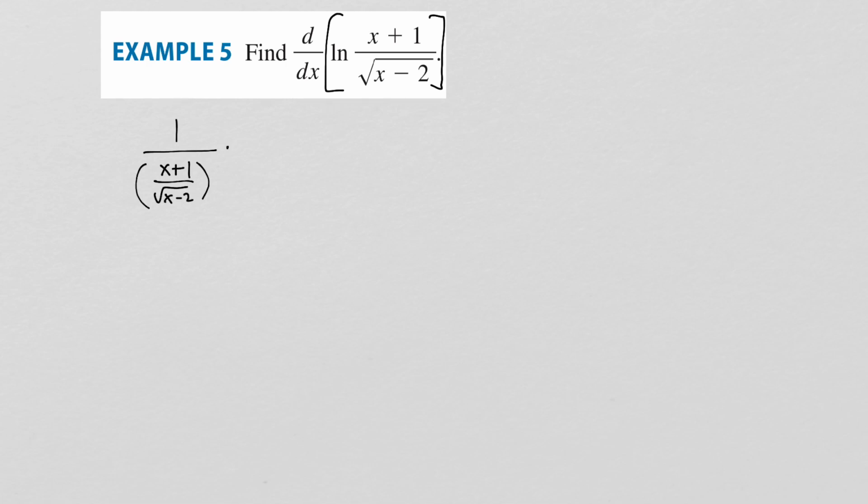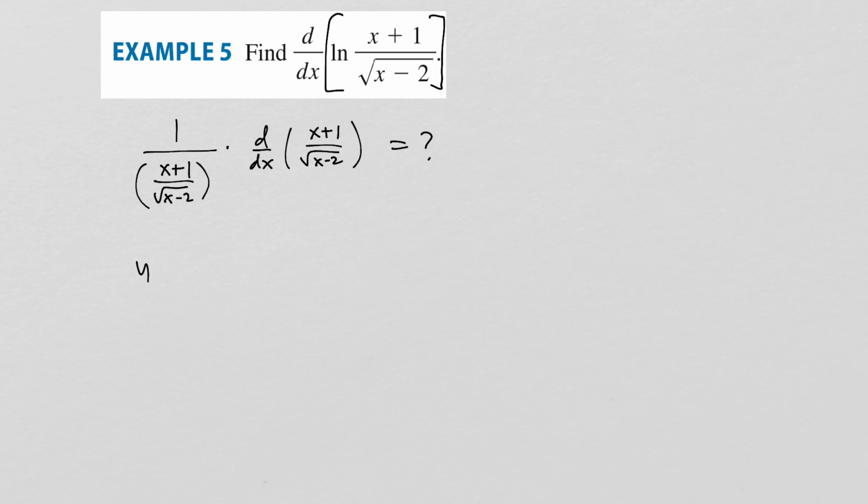And then we would have to multiply by the derivative of this thing. Now you certainly can do this, but this will be rather complicated since to take this derivative you have to use the quotient rule, and then you also have to use the chain rule, and then you get a really complicated expression in the end. So although this can be done, there is a much easier way to do this.